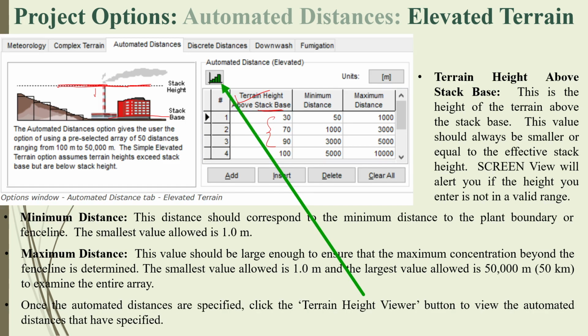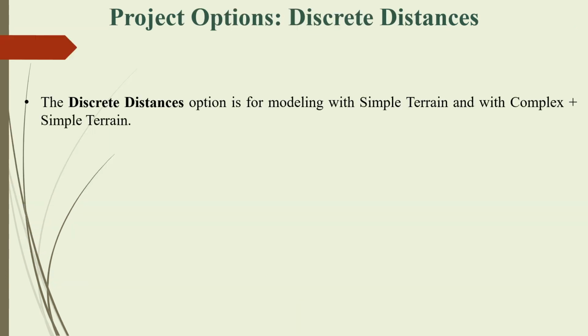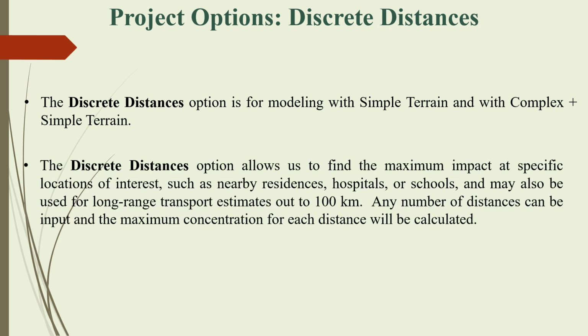So once the automated distances are specified, click the terrain height viewer button to view the automated distances that I have specified. For discrete distance, the option is for modeling with simple terrain and with complex and simple terrain.